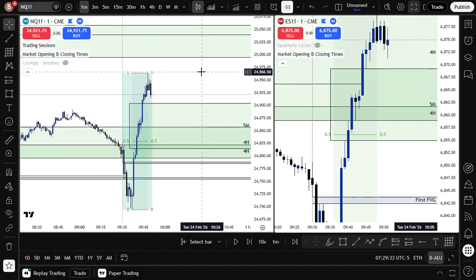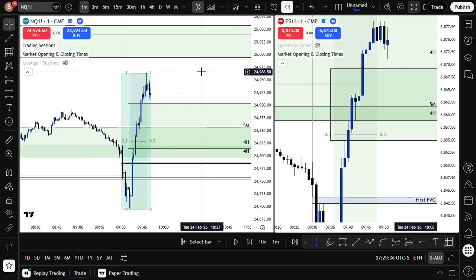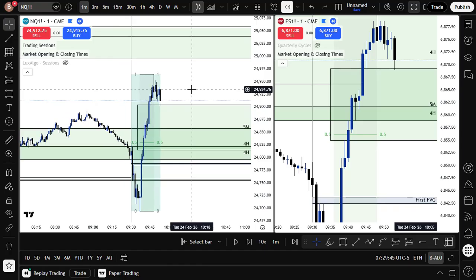But I think, and then displacement to the downside, I feel like it would be a bit pointless because price already came back into the 5 minutes time frame fair value gap.